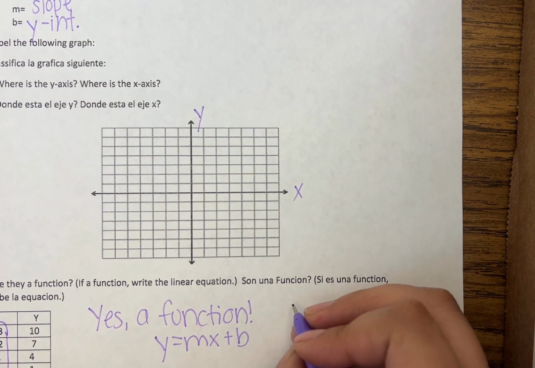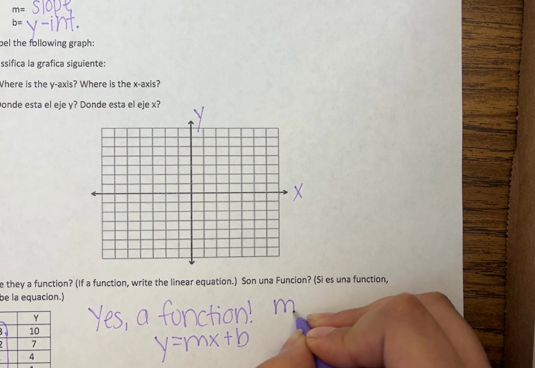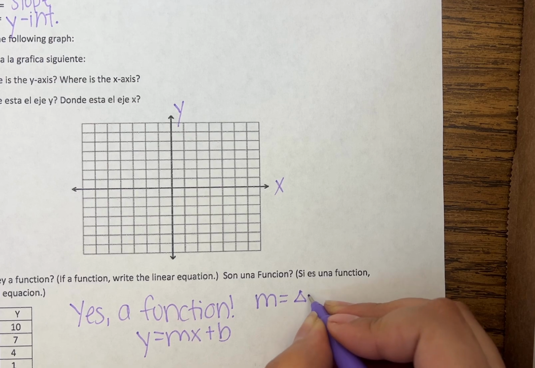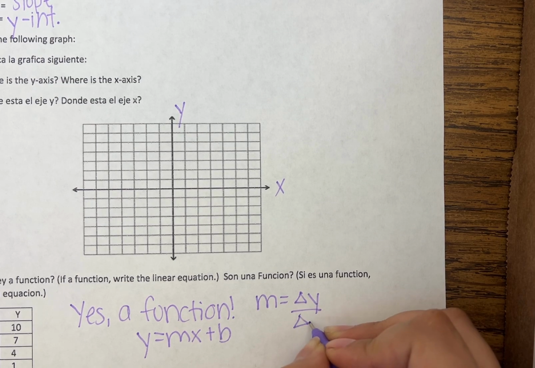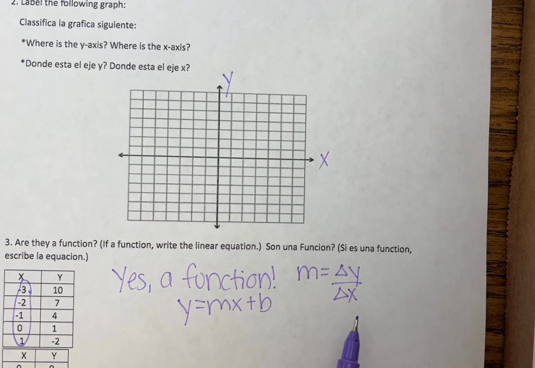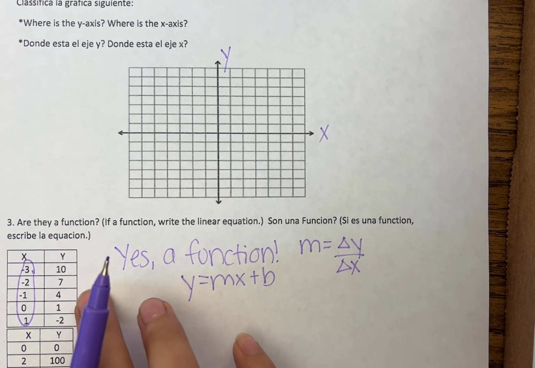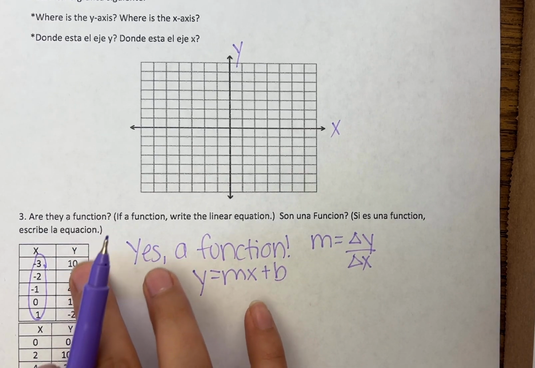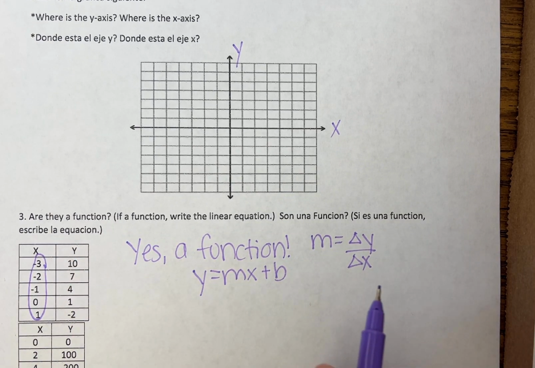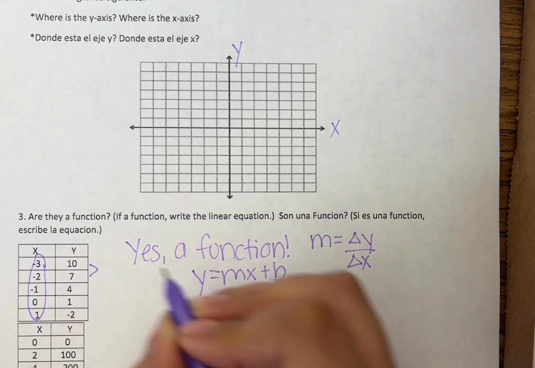So if I were to do that, remember, m equals the rate of change of y over our rate of change of x. So our change in y, remember, our y values are always going to be on the right. So let's start by figuring that out.